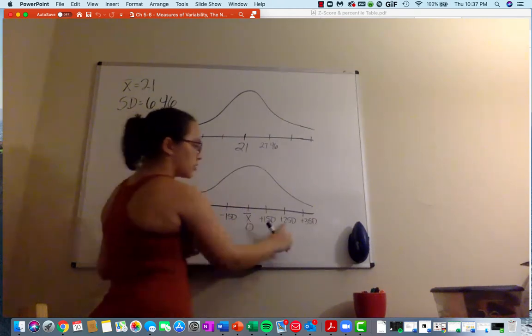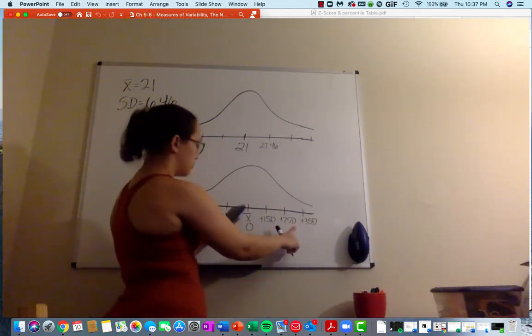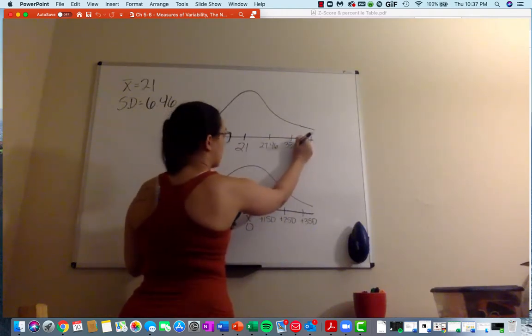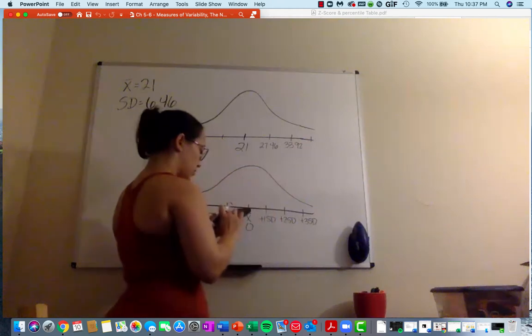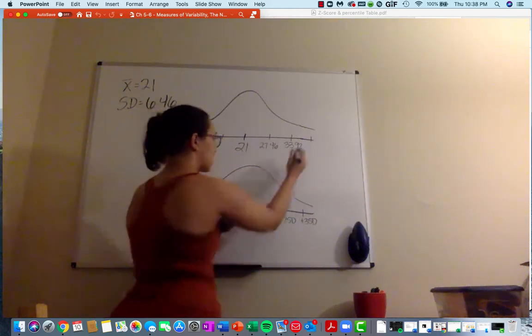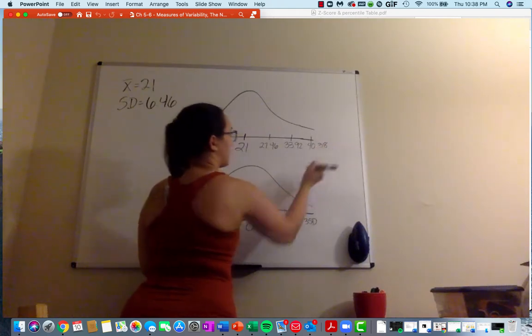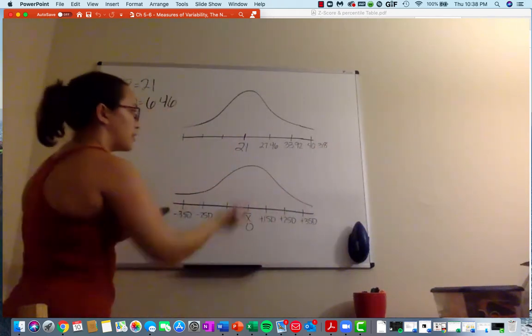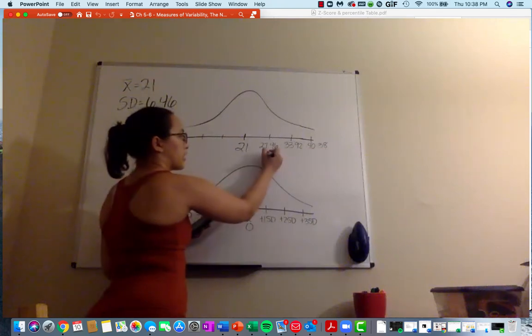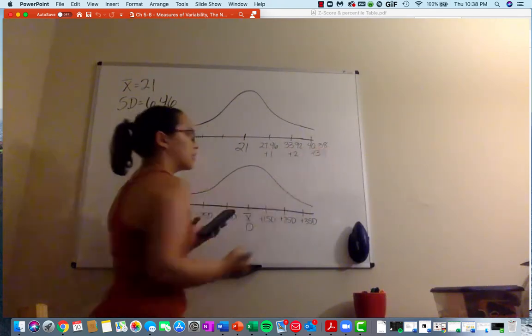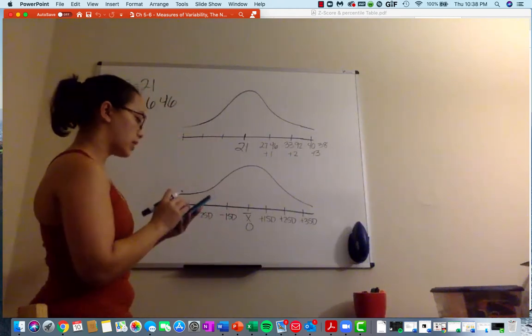Or 2 times the standard deviation, right? And then we're at 33.92 plus 6.46, and we're at 40.38, okay? So this is in the positive direction, right? So again, this lines up with +1, +2, +3 standard deviations, okay?